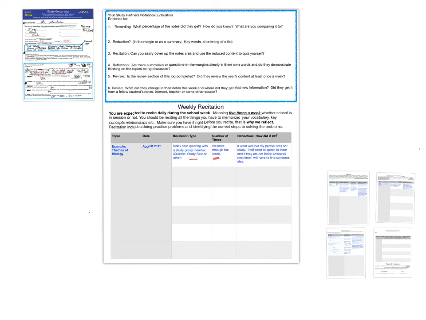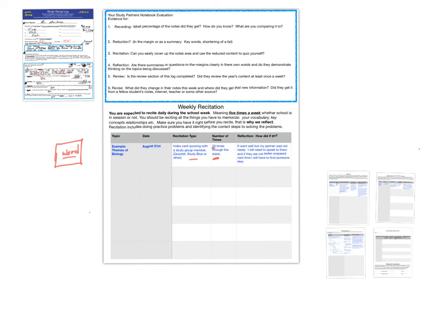So if you take your index cards and quiz a partner, word here and definition on back, or key idea here, diagram on the back, that also counts towards how many times you've recited, because by quizzing someone, you're actually reviewing the material as well. You're learning along with them.